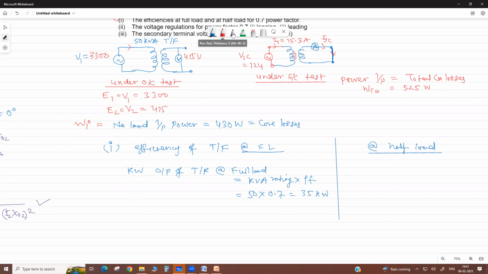Now we calculate the input. Kilowatt input power at full load is the kilowatt output plus total losses. Output we have 35, plus the total loss, meaning iron loss plus copper loss at full load.